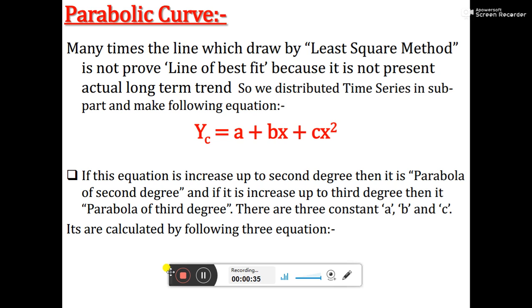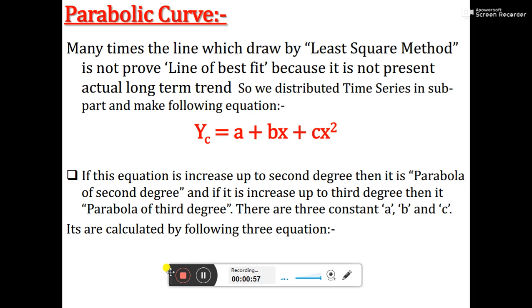So we try to fit the data with a curve, a second degree polynomial function, a parabola, because a line will not give you the best fit. That is the point.